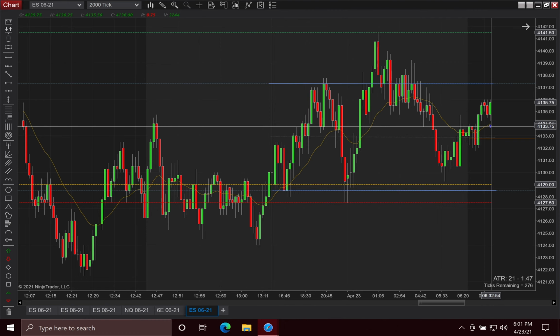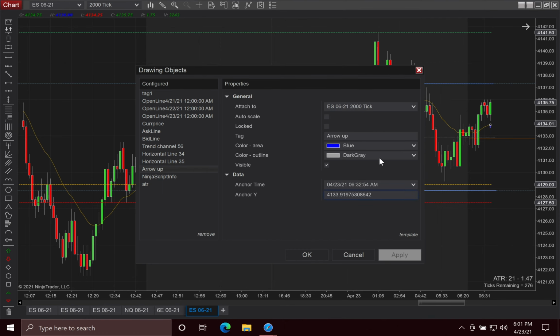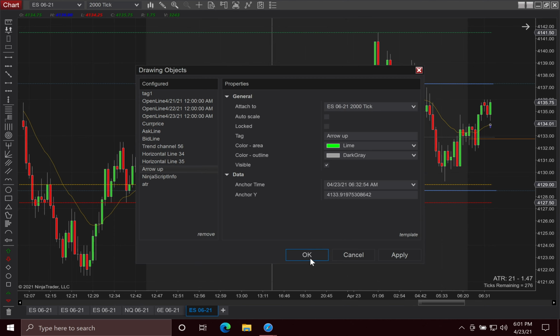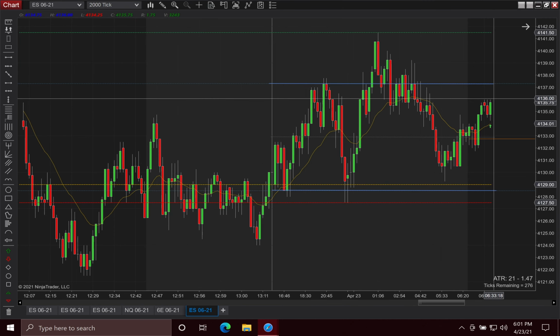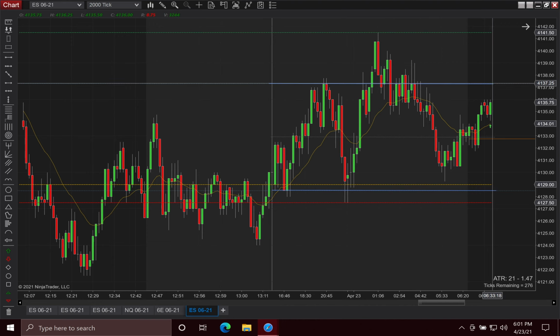But if I was gonna play something like this, and let me make that green so it's a little easier just for everyone to understand that it's kind of aggressive. If I was going to play this, instead of going for my 2 points, because my 2 points would be at 38, I'd probably just play it to the resistance line. So let's see if I can get out by the resistance line. That'd make me feel a little better.